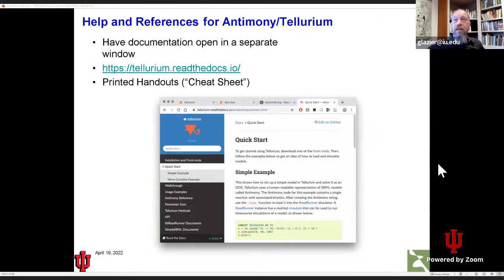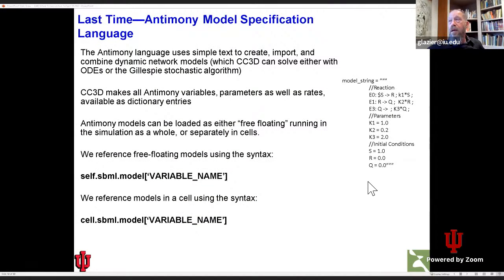Remind you that I sent you the handout, the cheat sheets. For tellurium, there's the great documentation that Herbert's written that I recommend. Always recommend having that available to you. Then we talked a little bit about antimony model specification. The antimony language is quite simple.